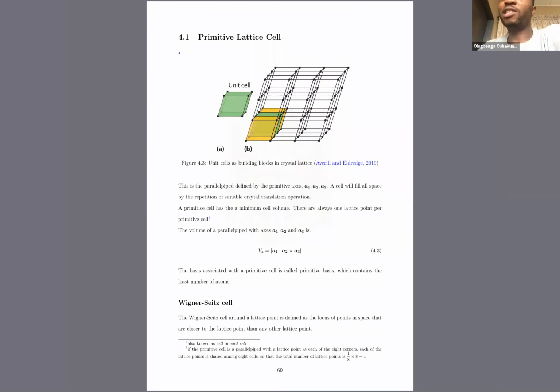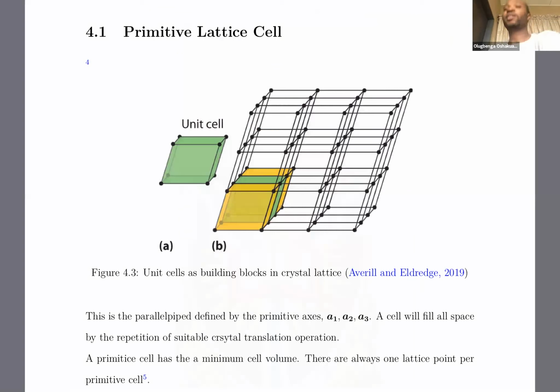So like I've said earlier, the primitive lattice cell or unit cell or primitive cell, whatever name you call it. This is an example here, a unit cell with this shape. You can see that it's not standing, we cannot call this the y-axis. If you like, you can call this axis the x-axis. And initially I told you that we are dealing with A1, A2, and A3.